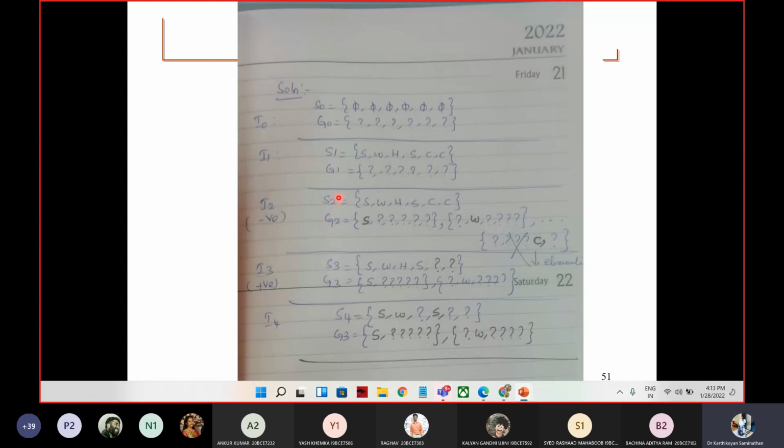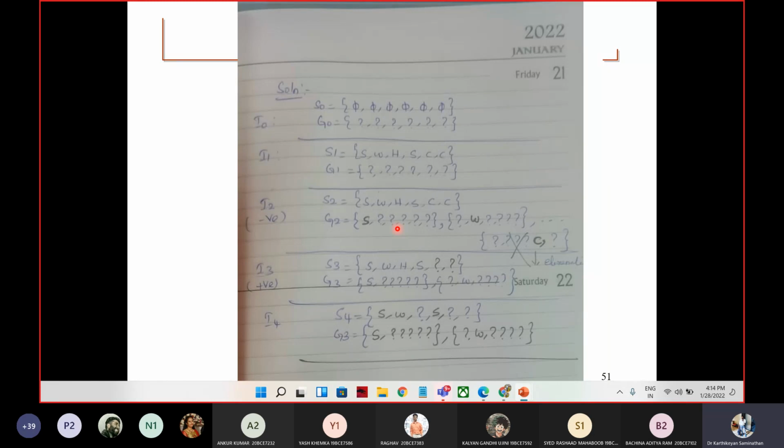So S2 is nothing but S1, the same as S1, because here I need not touch anything. So S1 is nothing but S2. Now, since it is a negative example, what I need to do is compare the attribute with the hypothesis.